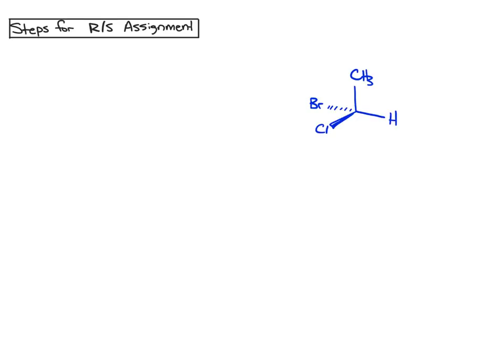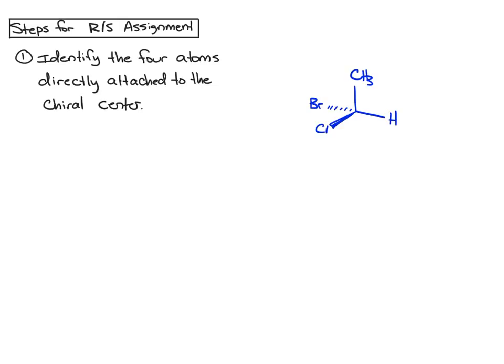So how exactly do we generate these R/S assignments? There's a systematic approach that you want to take, and we're going to do this by working with the example here on the right. And our first step is just identify the 4 atoms that are directly attached to the chiral center.